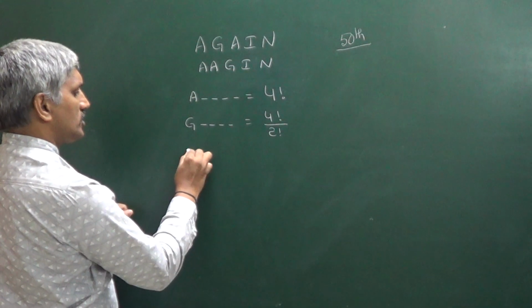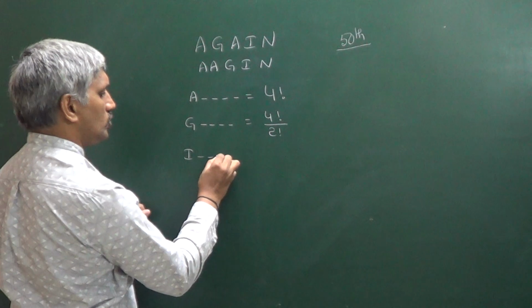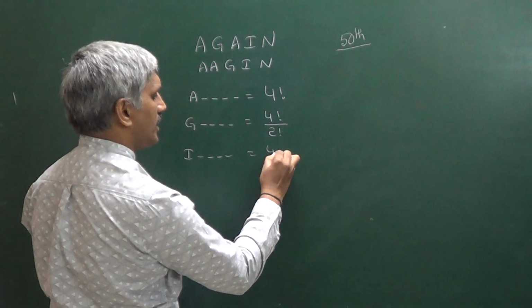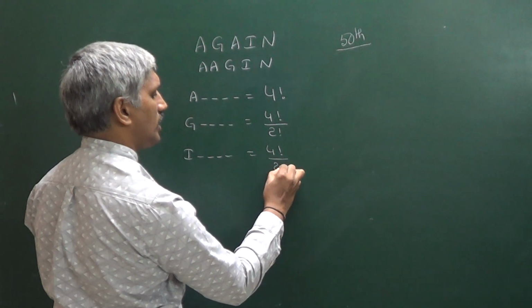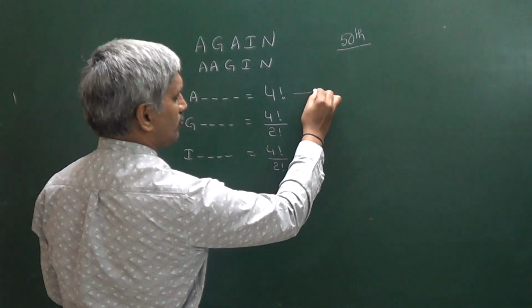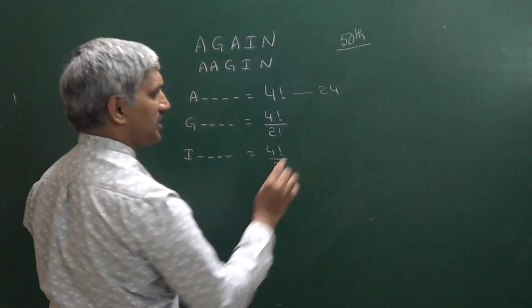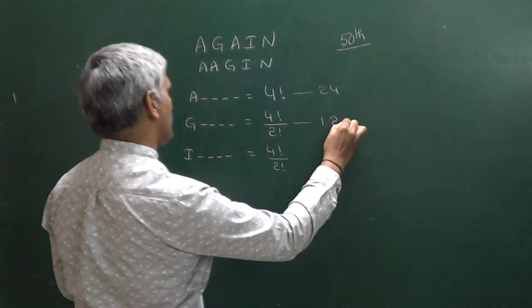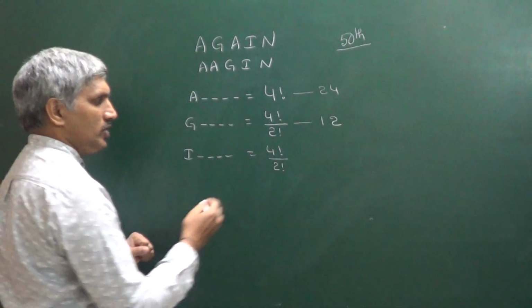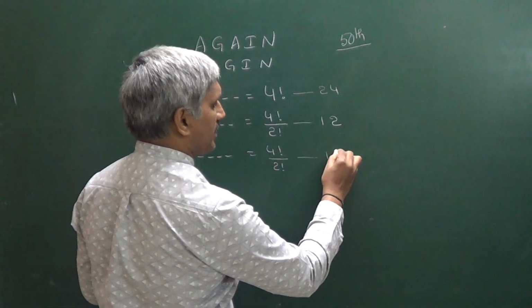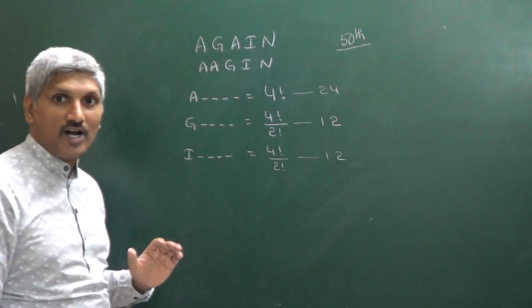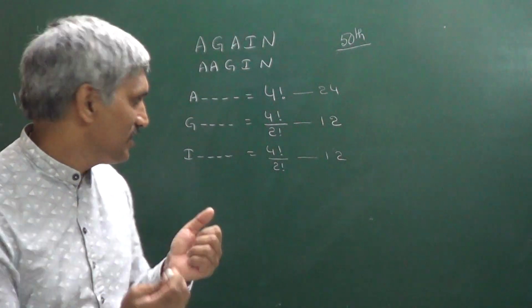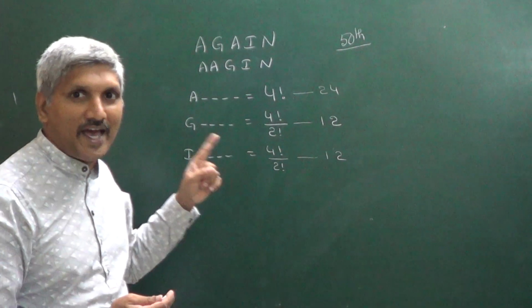Number of words that begin with I is 4 factorial divided by 2 factorial. So 24 words are completed with A, 12 words with G, and 12 words with I. Total 48 words are over. Next we have to go for N.